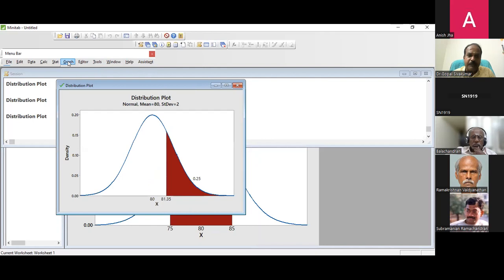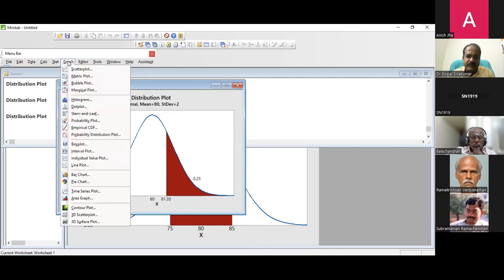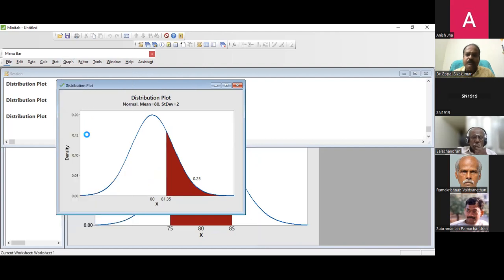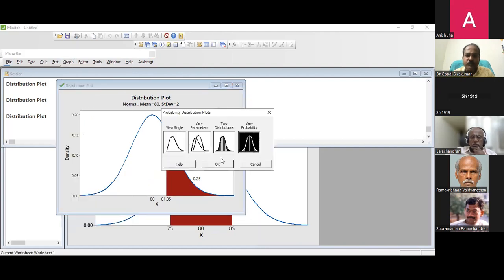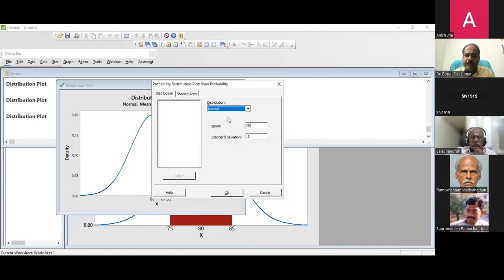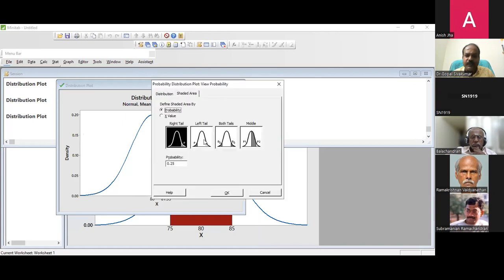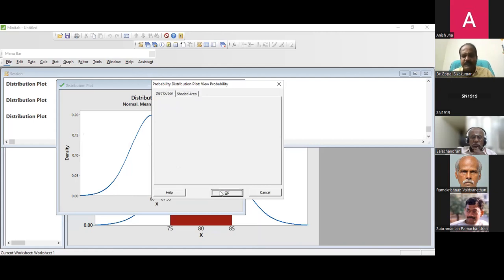Same answer will come. Shall I do it by another method also? Graph, probability distribution plot, view probability, okay, 82, shaded area. Now let me choose left tail. What should I give now? 0.75.